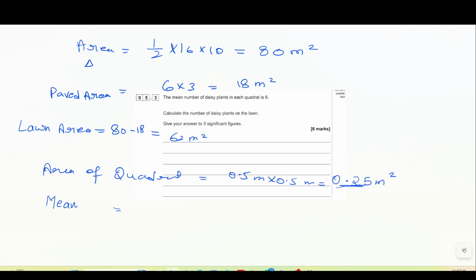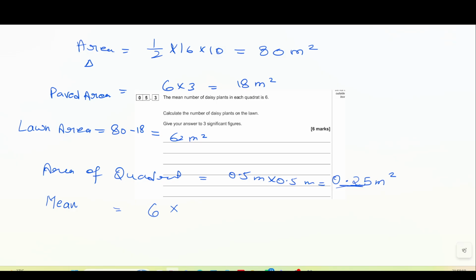Do you do 6 times 62? No, first you will find daisies per square meter, which is given since there are 6 per 0.25 square meter.